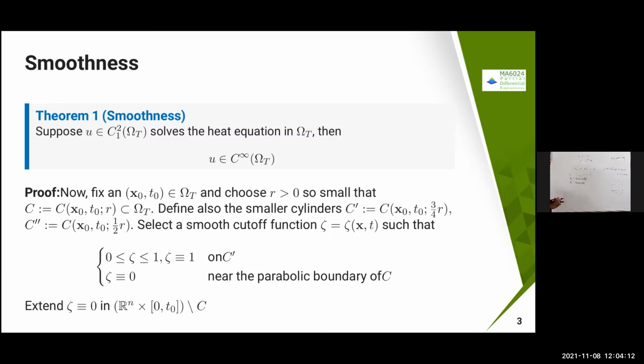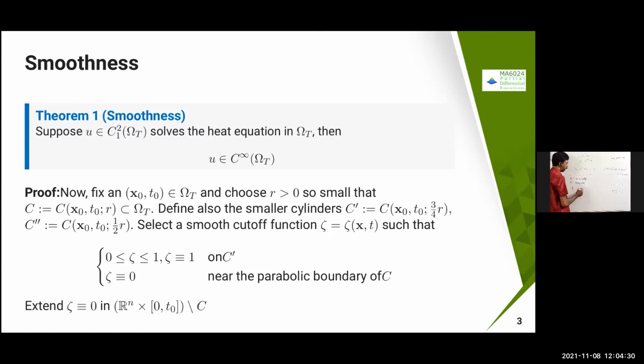Now I'm going to define a smooth cutoff function, psi.